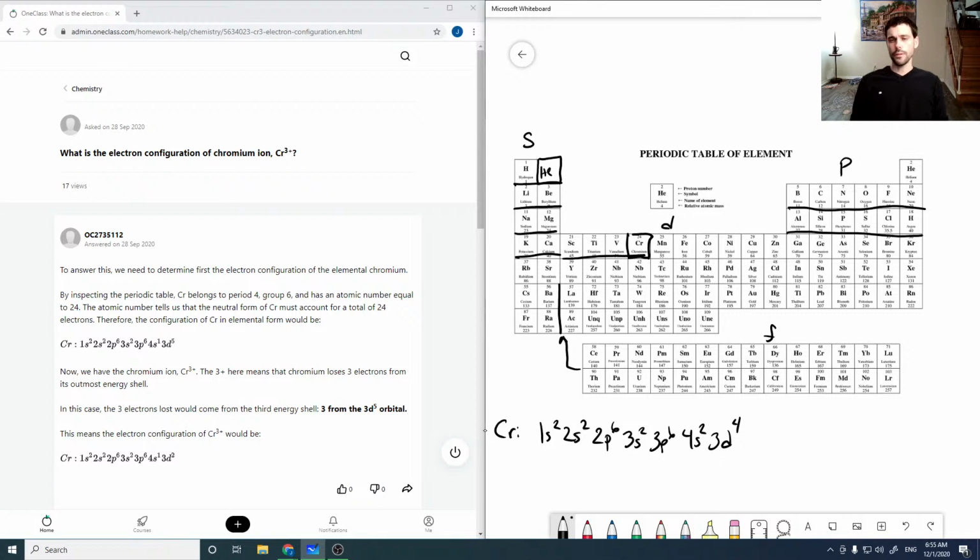Okay, so once we've done this, we need to check, because this is a case where we get half-filled orbital stabilization, and it really only comes into play with the d block because of how many electrons it has.